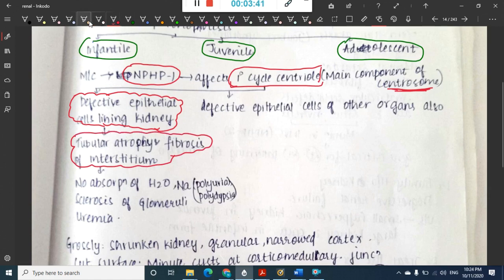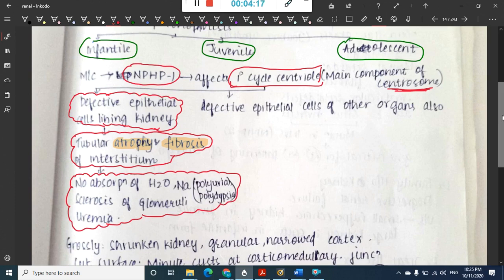Because of this tubular atrophy and fibrosis, there is no reabsorption of water or sodium, so water and sodium are lost in the urine. So there is polyuria and polydipsia, and there is sclerosis of glomeruli also. This fibrosis leads to sclerosis of glomeruli, and there is uremia also. These will also cause defective epithelial cells in other organs, thus resulting in extrarenal manifestations.